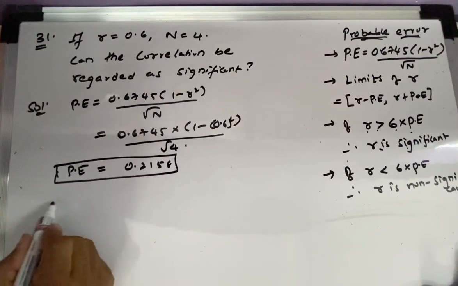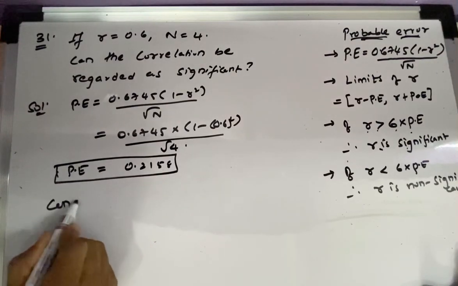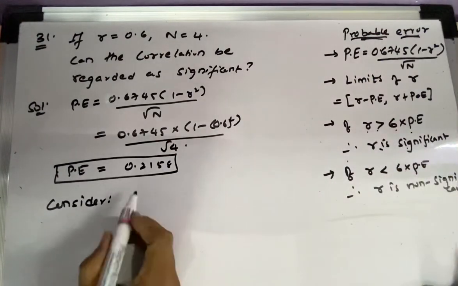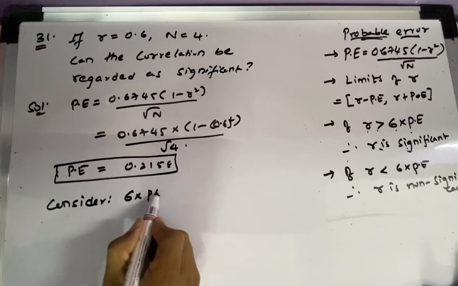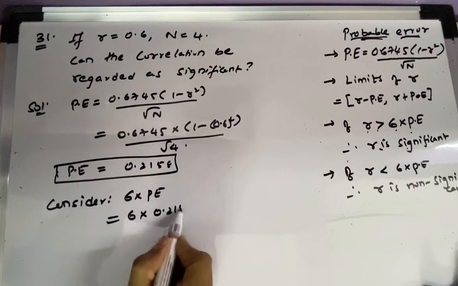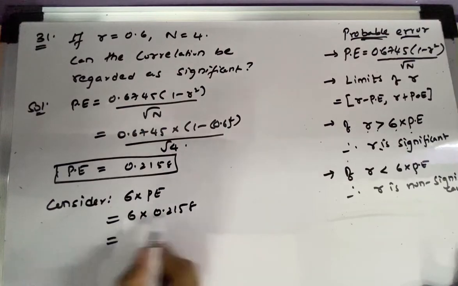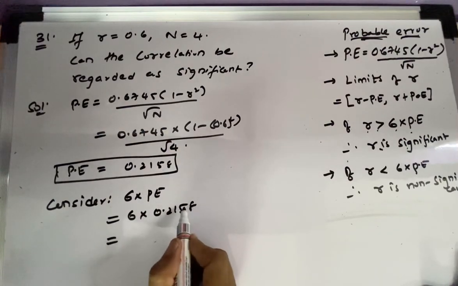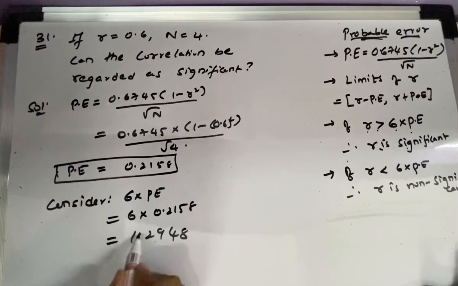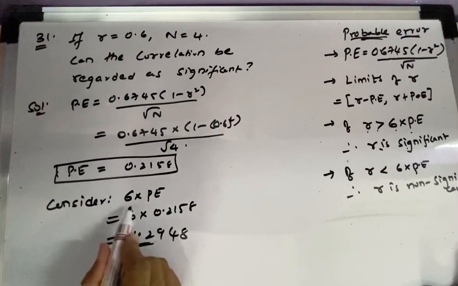For significance, we have to consider 6 times of P, 6 into probable error. That is 6 into 0.2158. So how much will you get? 1.2948. This is 6 times of P.